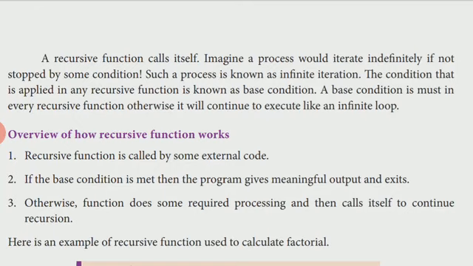Here we apply some conditions, and based on that condition it will do the process. That condition is called the base condition, and it is essential for a recursive function.